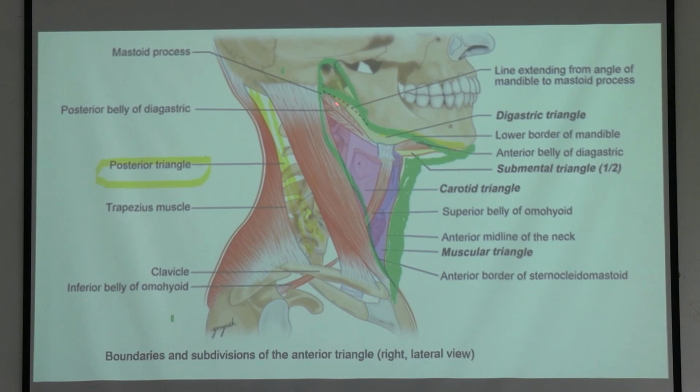One is above, between the bellies of the digastric muscle and the lower border of the mandible and the imaginary line from the angle of the mandible to the mastoid bone. So we are getting one triangle which is called the digastric triangle, because the name is related to the digastric muscle.